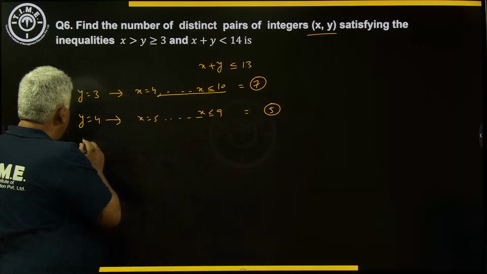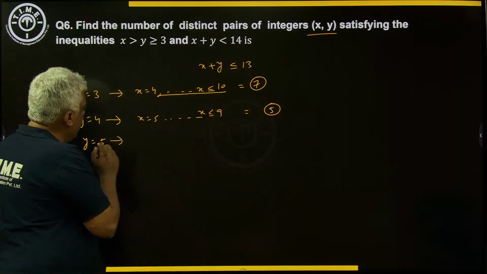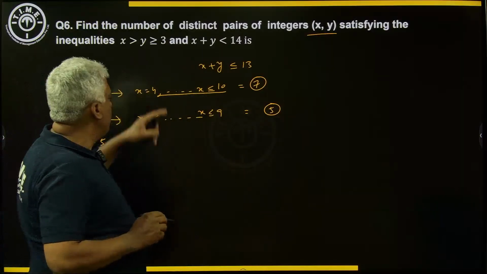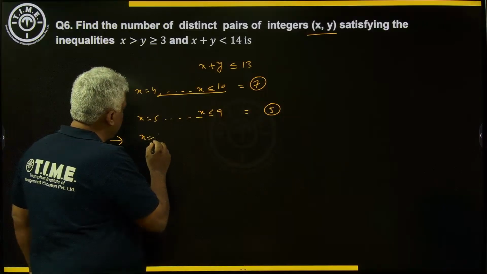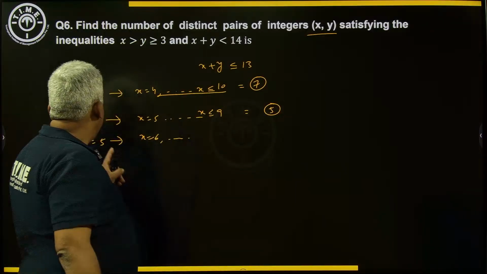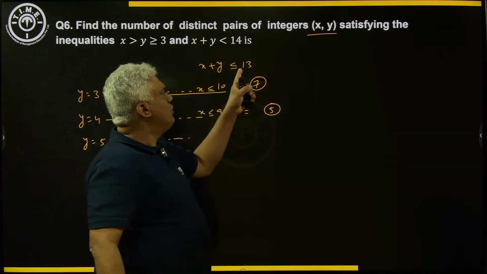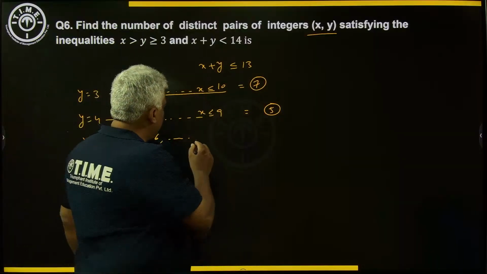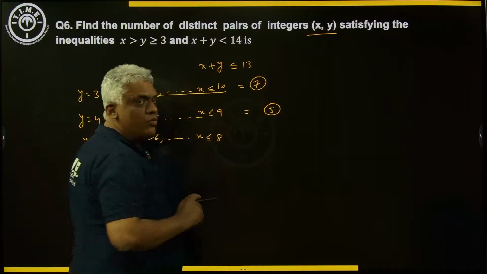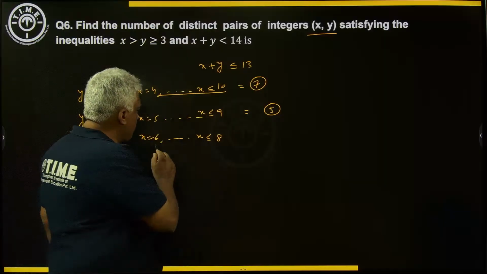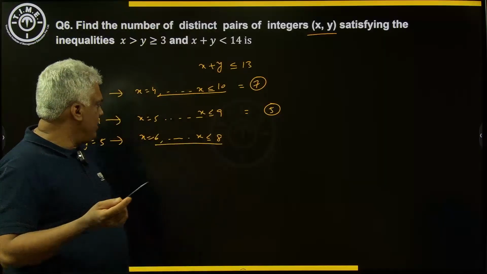Now, when y equals 5, x has to be more than 5, so we can start x from 6. Put y equals 5 here, so x will be less than or equal to 13 minus 5, 8. So x can go till 8. So 6 to 8, how many solutions? 3: 6, 7, 8.